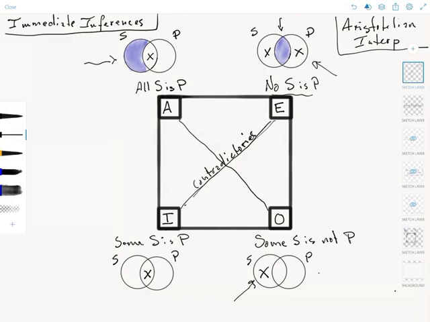Let's see how that works from the other direction. Suppose the O proposition is true.